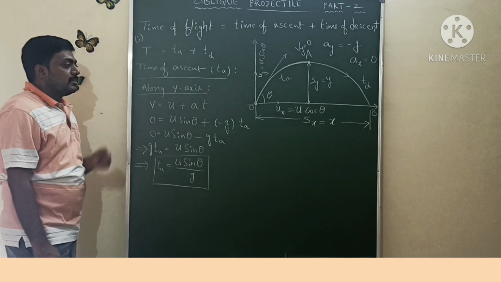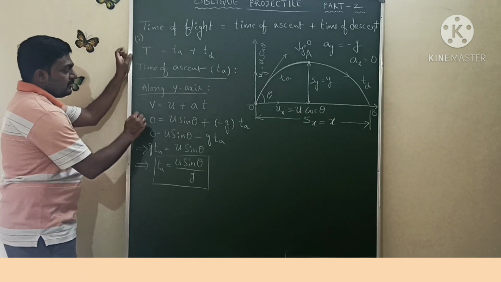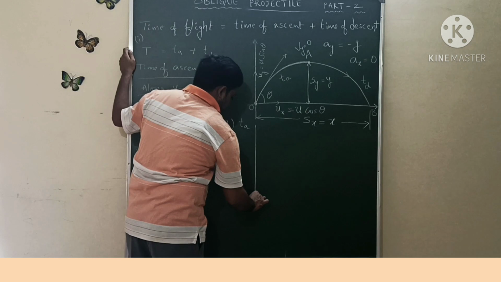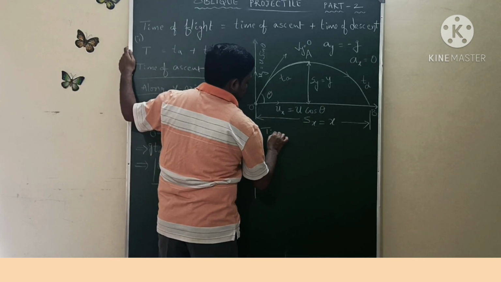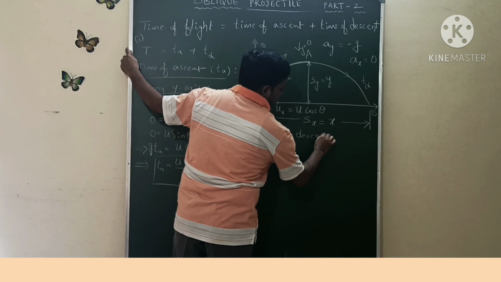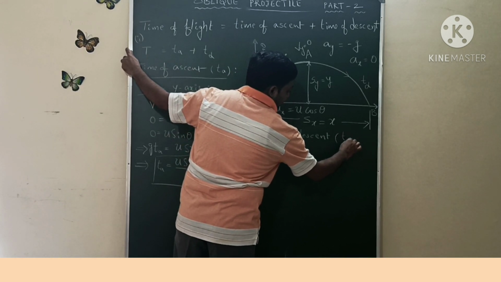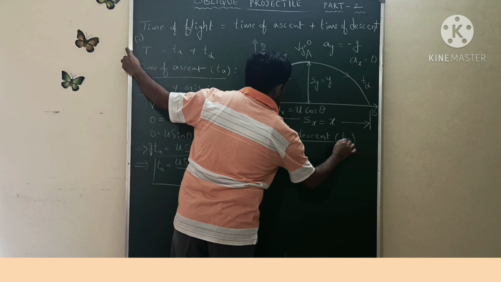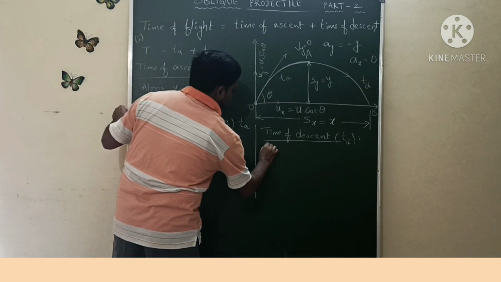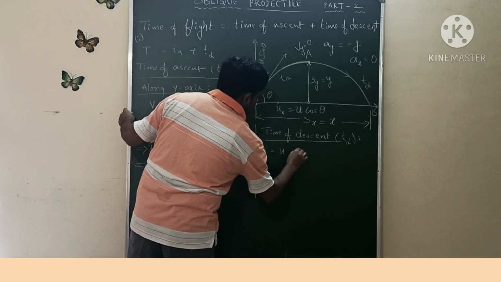Similarly, find time of descent. The symbol for time of descent is TD. Same equation, v is equal to u plus at.